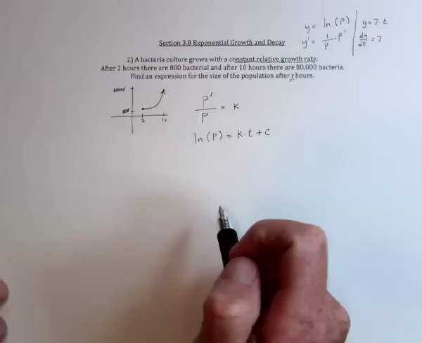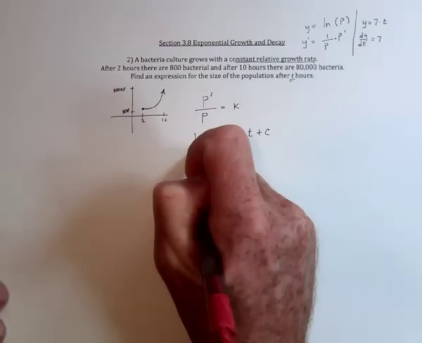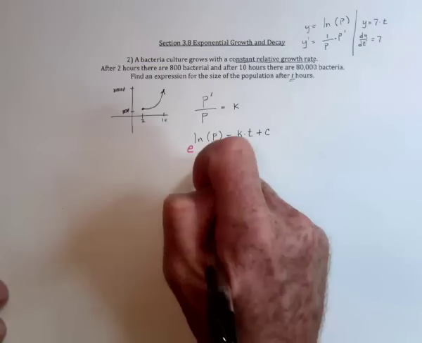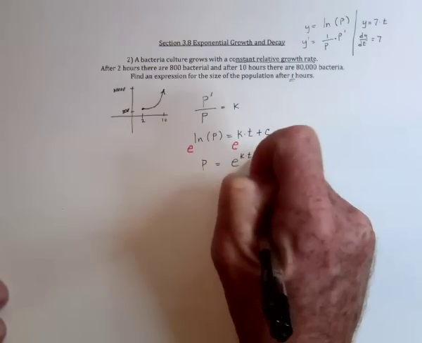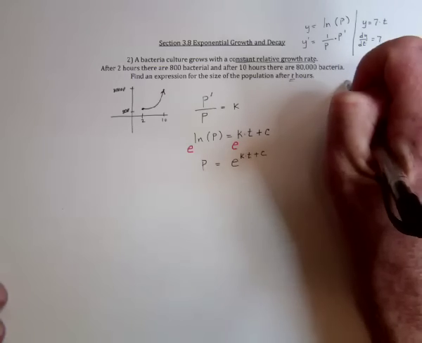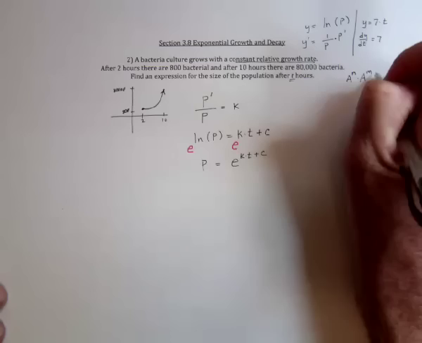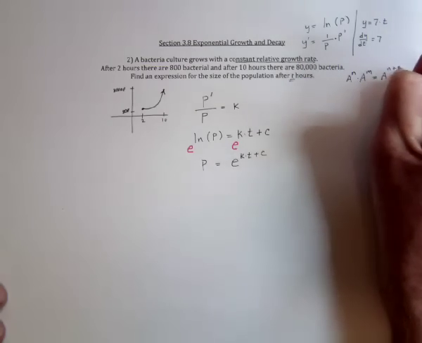Okay, now the next thing that I'm going to do is exponentiate both sides so that we're no longer working with natural log. So we've got the function p equals e to the kt plus c. One other thing I'm going to do is, there's a rule in algebra that says if you have a to the n times a to the m, then you can rewrite it as a single base a to the n plus m.